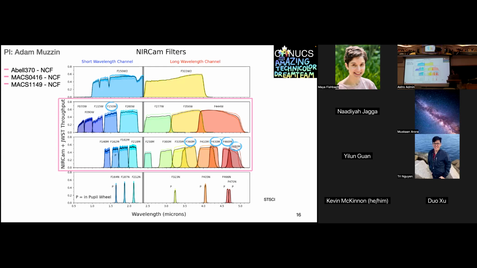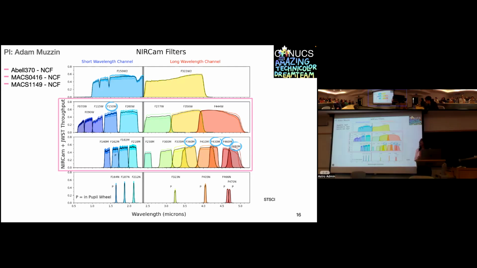I would like to emphasize that there's another program that is also basically merged with CANUCS, which is the Technicolor program, where my supervisor is the PI, and it is mainly known for observing 3 out of 10 fields with medium bands and 1 wide band. It's mainly focused on the medium bands and longer wavelengths.